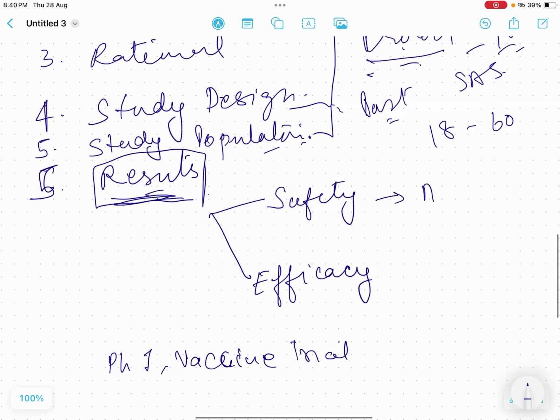Safety is mostly AEs and SAEs, the number of AEs and SAEs. This is the place in the results where your narrative will also be, because you have given safety data. This is how they will prove that this drug is safe, or this drug is working or not working. Correct? Efficacy is how well it is working.